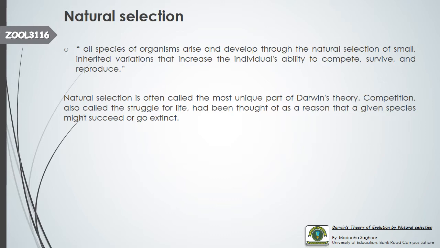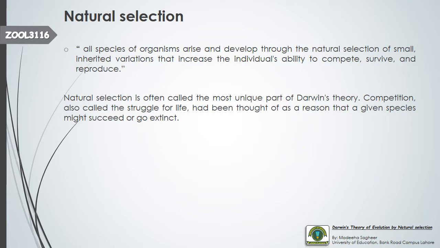Individuals adapt themselves to the changes in the environment, and the environment or nature selects only those individuals to propagate further in life, right? And definitely those individuals have adaptations, variations that are favorable to nature. These variations are passed on to the next generations, and ultimately the whole population adapts itself according to the environment. So natural selection is often called the most unique part of Darwin's theory.